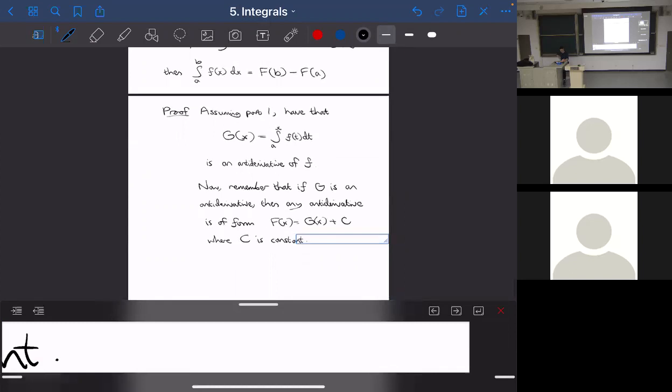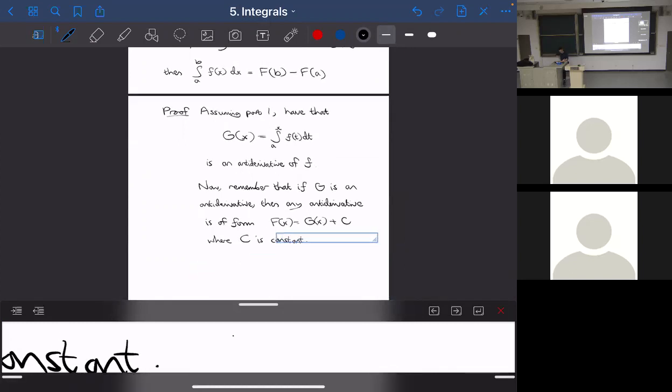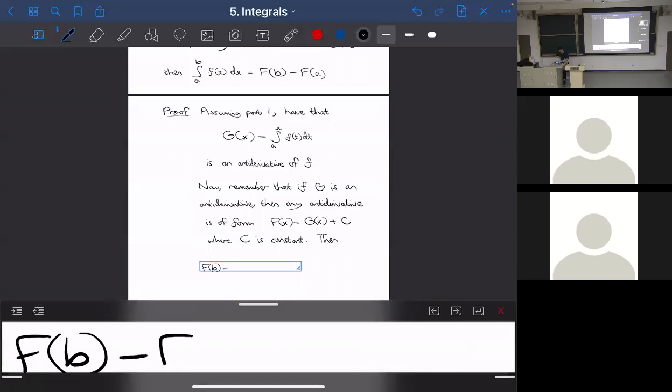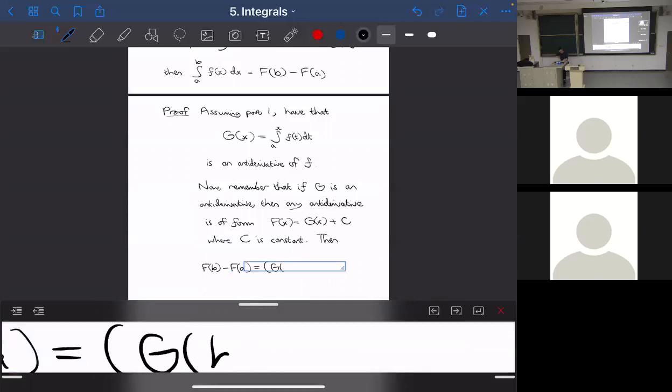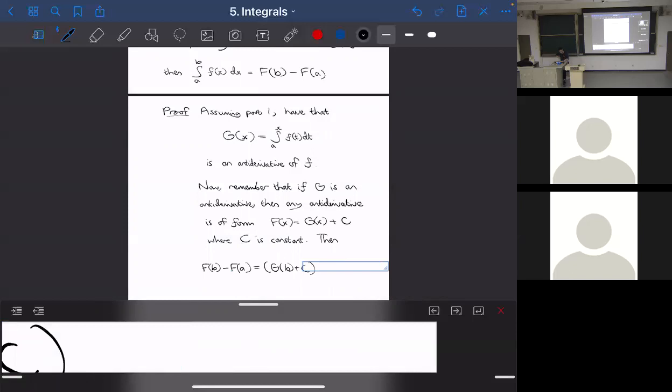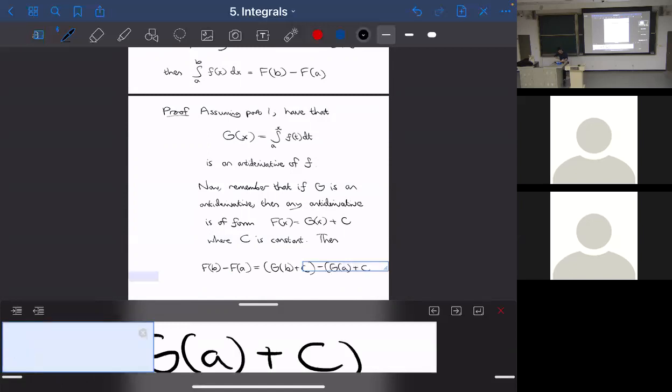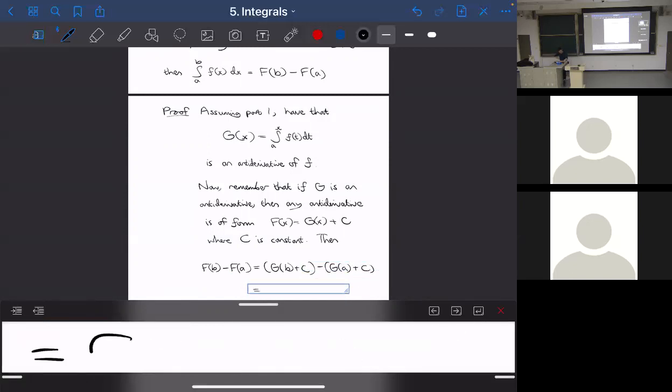But then let's evaluate the right-hand side, F(b) minus F(a). So by this formula, we can write it in terms of the G's, and those c's of course cancel.